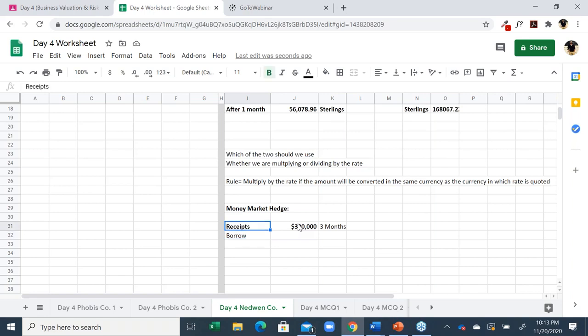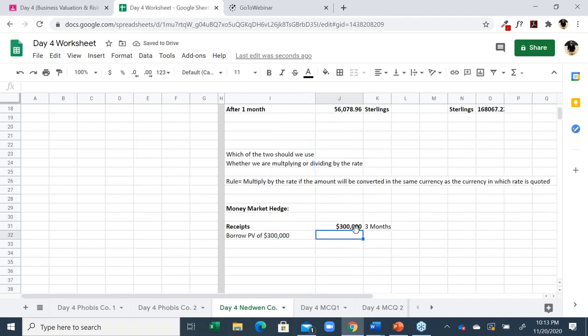And we cannot afford this because we are going to receive $300,000. So we have to borrow an amount which after 3 months will grow up to $300,000. So we have to basically borrow present value of $300,000, so that after 3 months, this amount grows up to $300,000. And upon the receipt of this amount, we should pay this to the bank from whom we have borrowed.